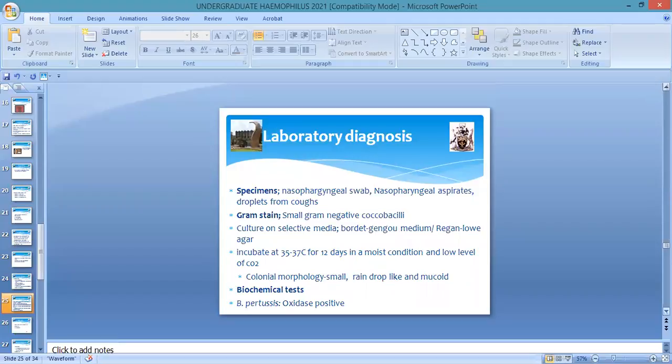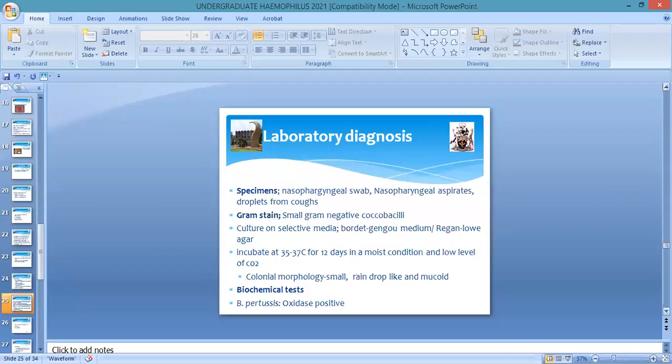However, remember, pertussis is very contagious. Okay, so it's not something that you just carry out in a normal routine lab. This has to be done in a reference lab also to avoid easy spread or even outbreaks from taking place.